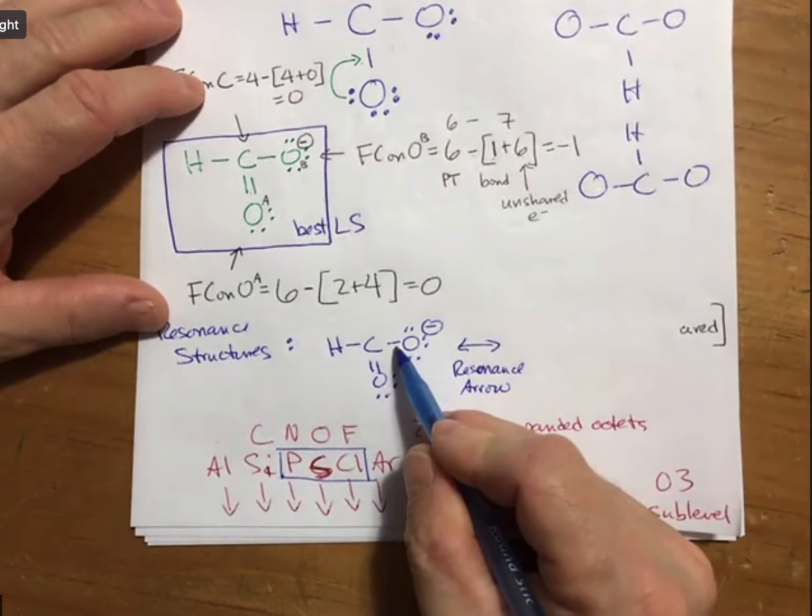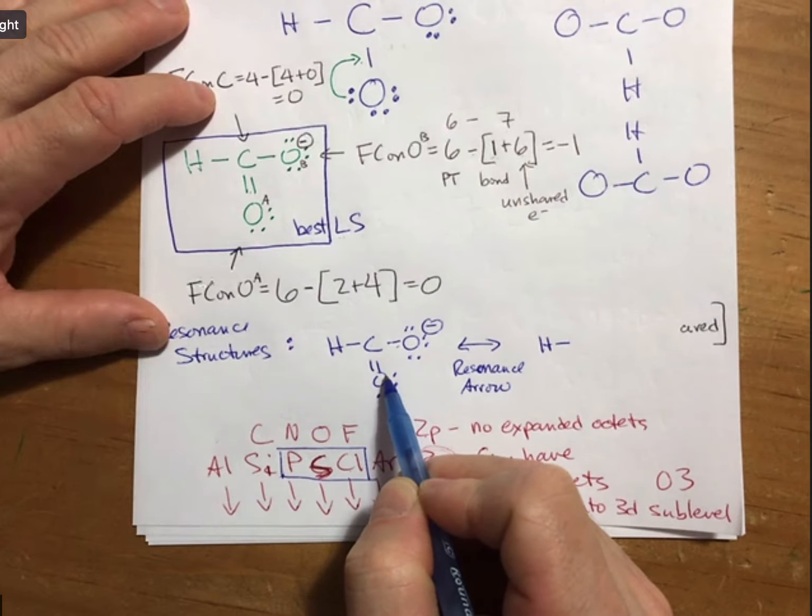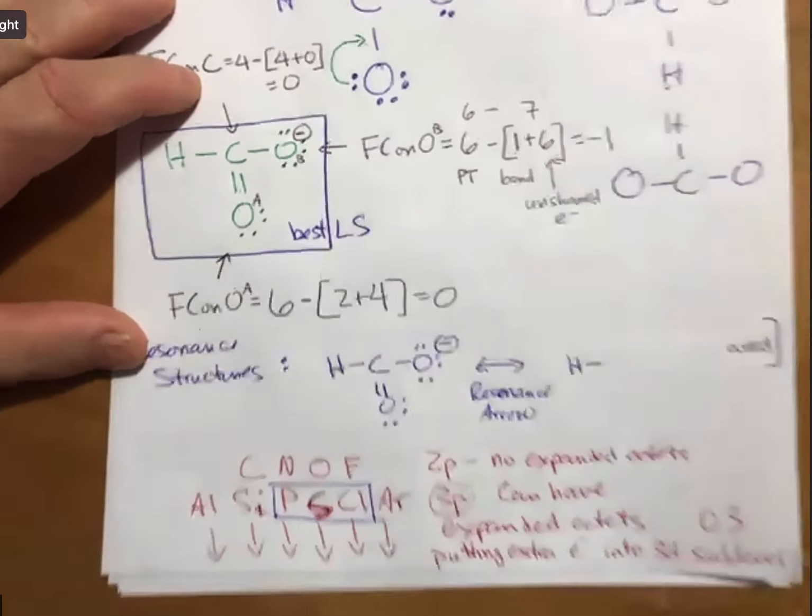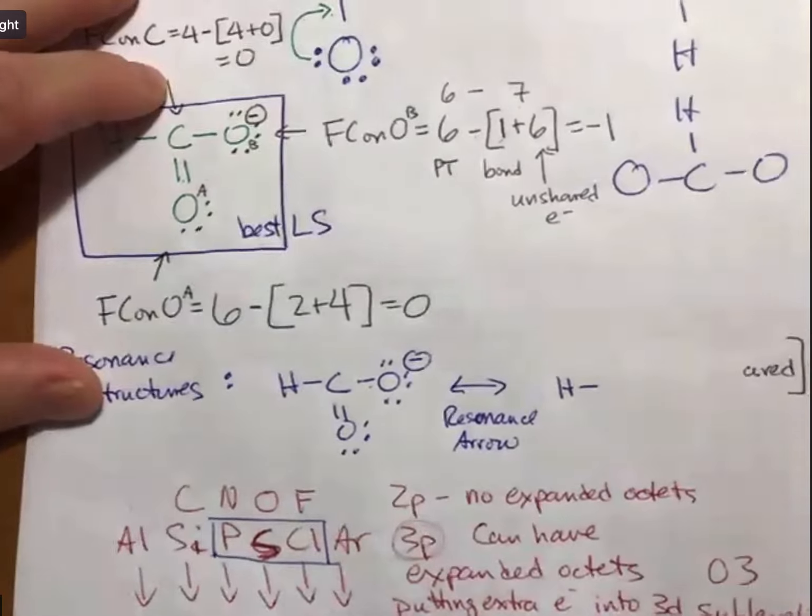And for resonance structures only, you do have to draw the atoms in the exact same positions. So you have carbon, you have the hydrogen to the left, the oxygen to the right, and one of the oxygens going down. I'll zoom in a little bit to show this, hopefully a little better.